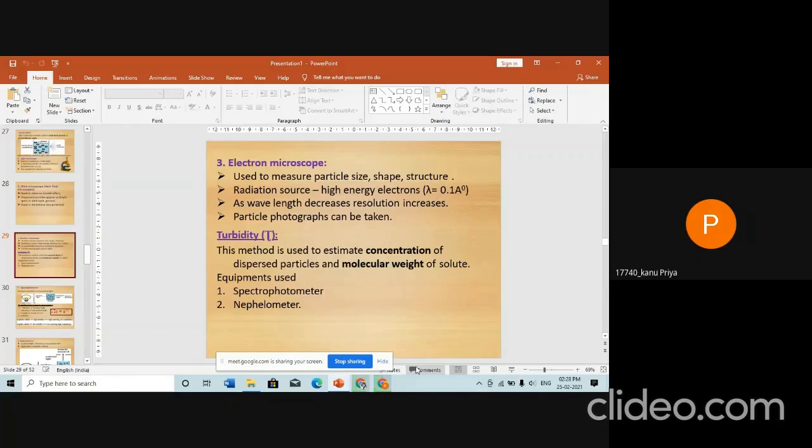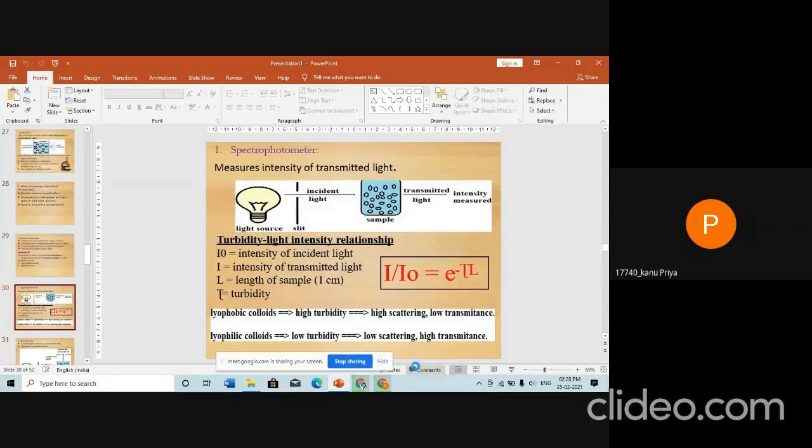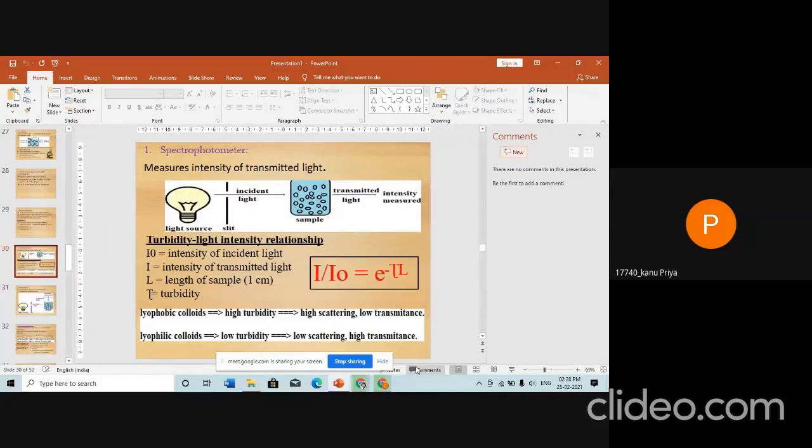Turbidity. This method is used to estimate the concentration of the dispersed particles and the molecular weight of the solute. Equipment used are the spectrophotometer and nephelometer. The spectrophotometer measures the intensity of transmitted light in the direction of the incident light.